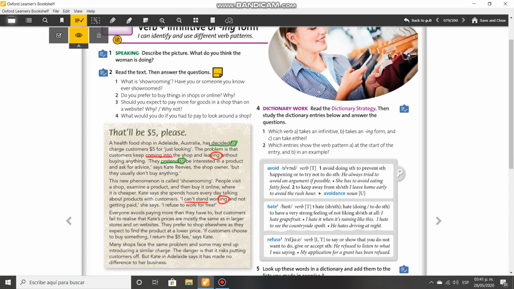Do you prefer to buy things in shops or online? In my opinion, I prefer to buy clothes in shops, but when we're talking about maybe some toys for my kids or some electronic devices, these days I prefer to buy online, okay?